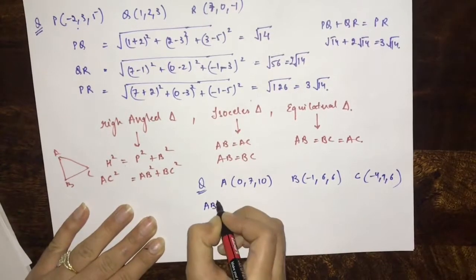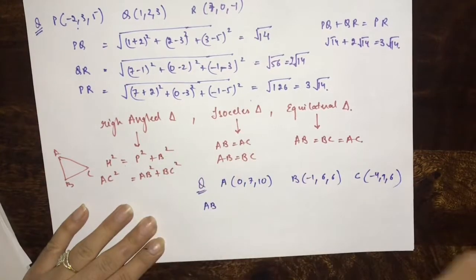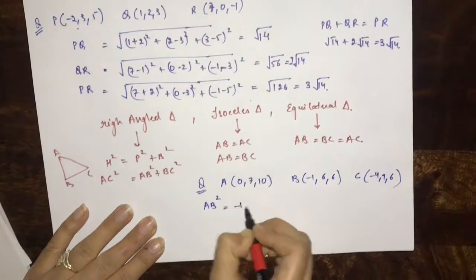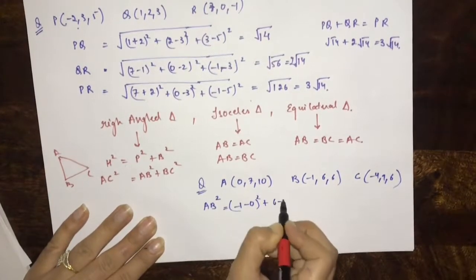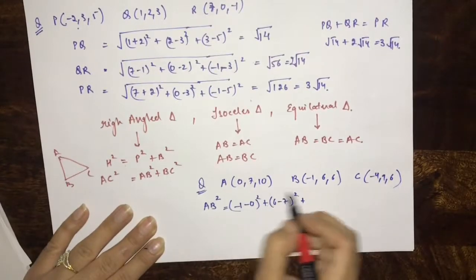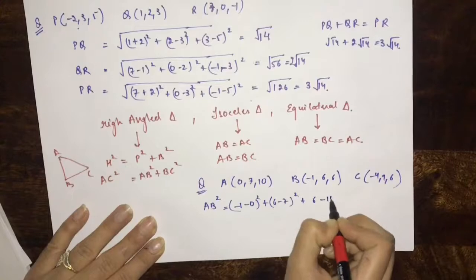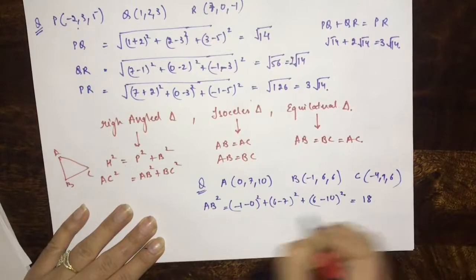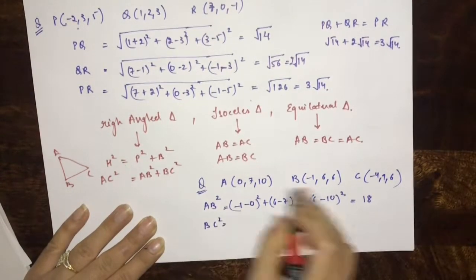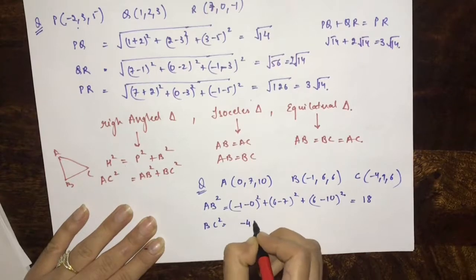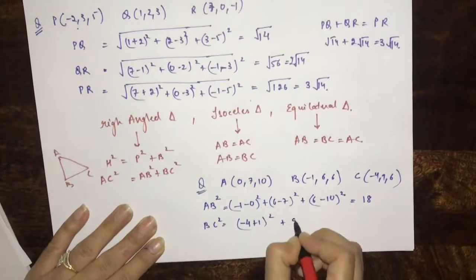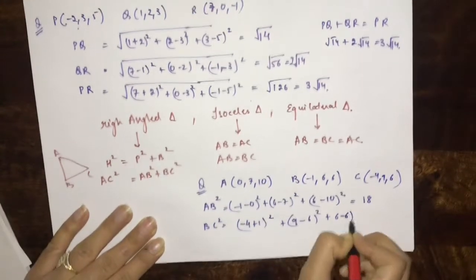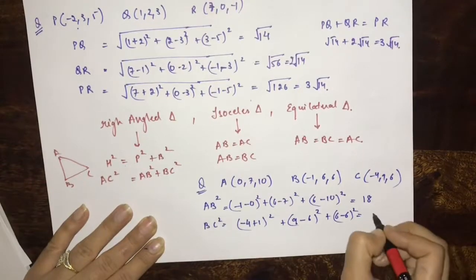So you find AB, or rather if it's a right angle triangle, you can directly remove the under root by finding AB square, which is minus 1 minus 0 square plus 6 minus 7 square plus 6 minus 10 square. When you solve it, you have 1 plus 1 plus 16, which is 18. You find BC square, which is minus 4 plus 1 square plus 9 minus 6 square plus 6 minus 6 square, which is nothing but 9 plus 9, 18.